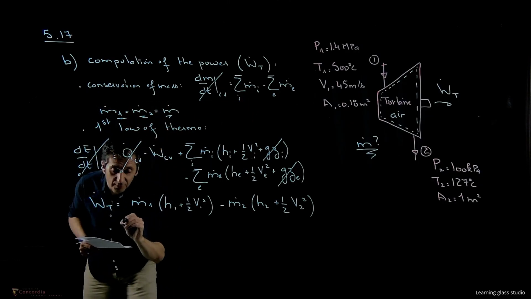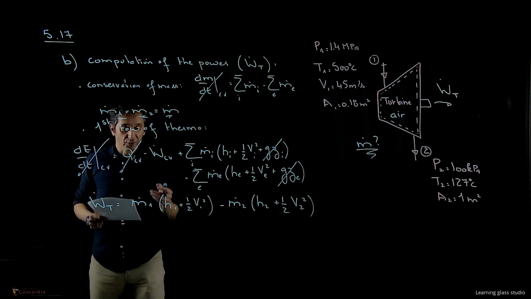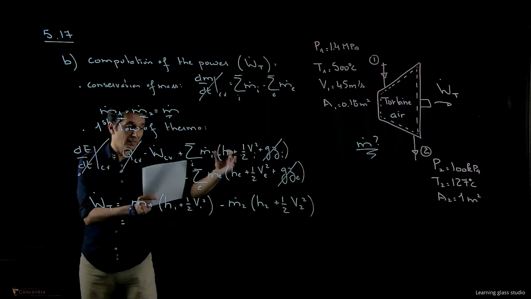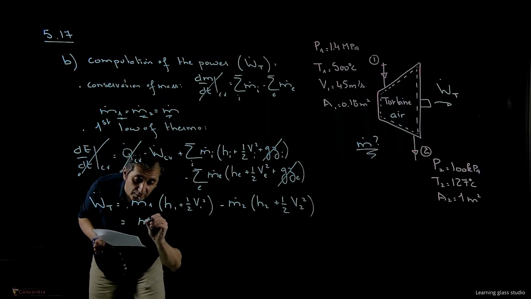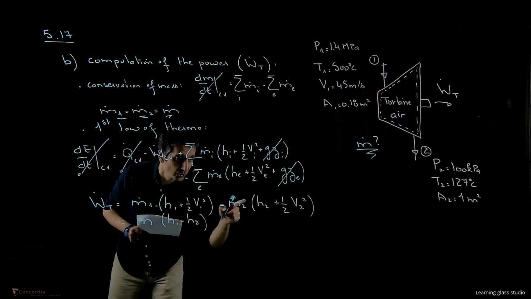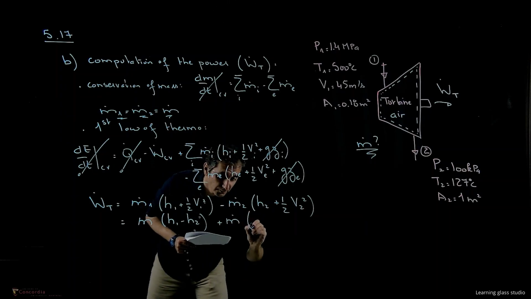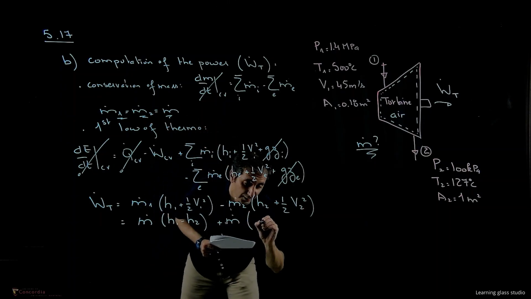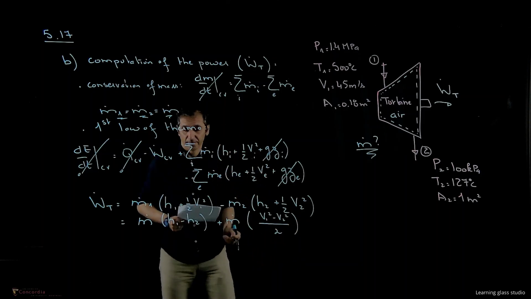So this will be the same, m dot and m dot, and we can rearrange them, enthalpies, and then variation in kinetic energy, giving us m dot times (h1 minus h2), plus m dot times the variation in kinetic energy, (V1 squared minus V2 squared) over 2.